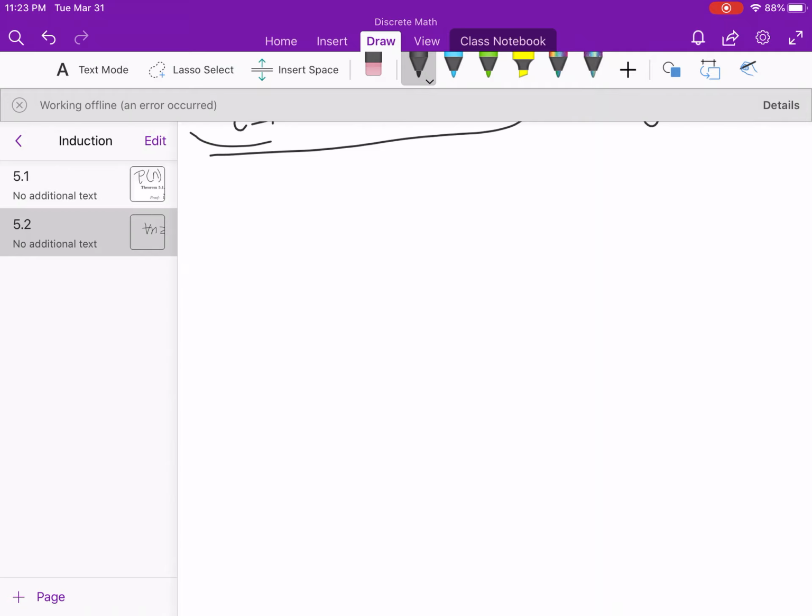I want to start with the sum, let's say, from I equals 1 to K plus 1 of I. That's kind of where I want to start.